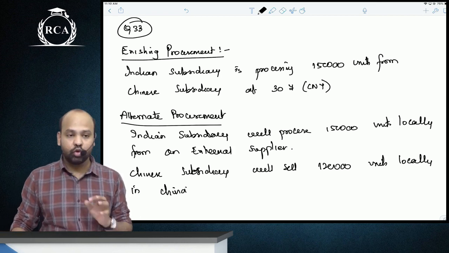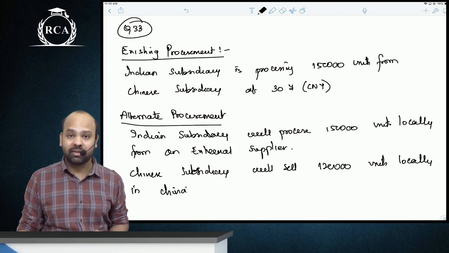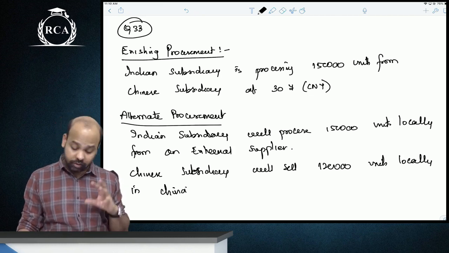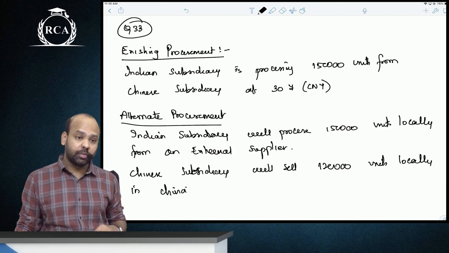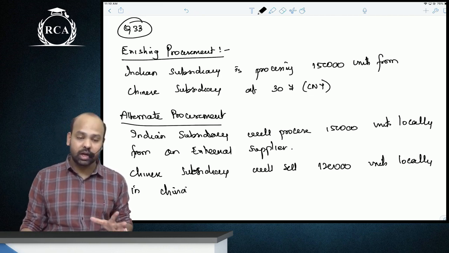So what we will have to do is compare the procurement cost net of tax savings for the Indian subsidiary with the procurement cost, along with the profits that the other subsidiary is making, and then come to a conclusion.